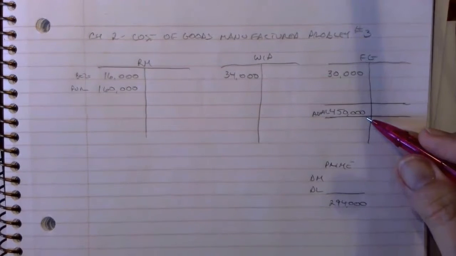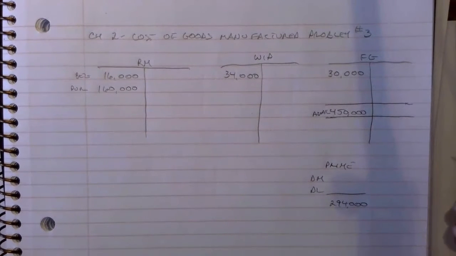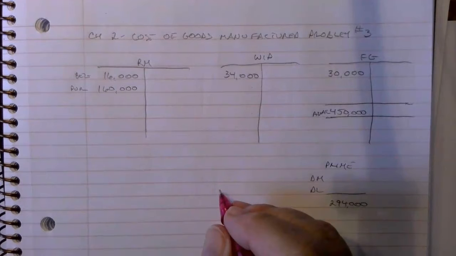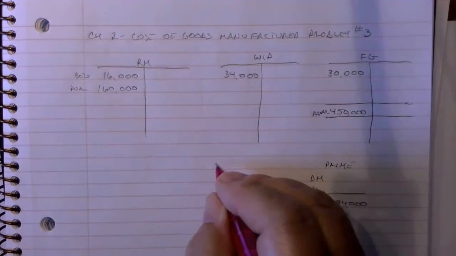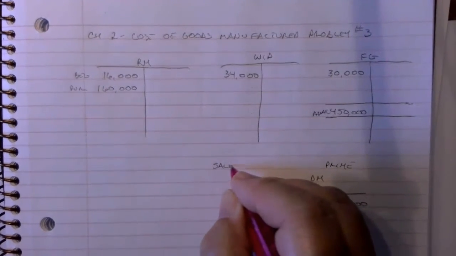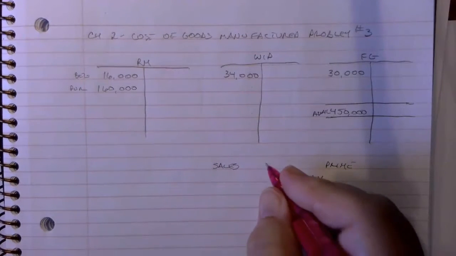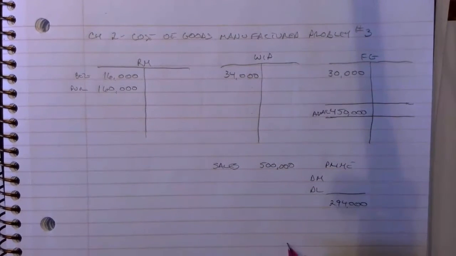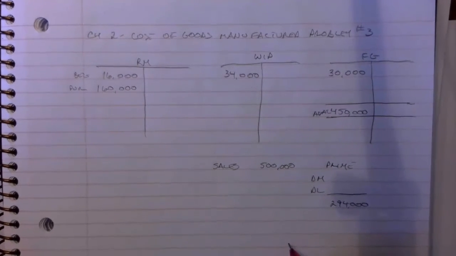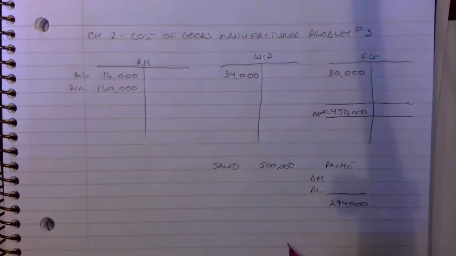Okay, they're 450,000. What else do we know? Sales are 500,000. So we can start a little income statement here. Just see what we need it for. Sales are 500,000, and they didn't exactly give us cost of goods sold yet. We're going to have to figure that out.